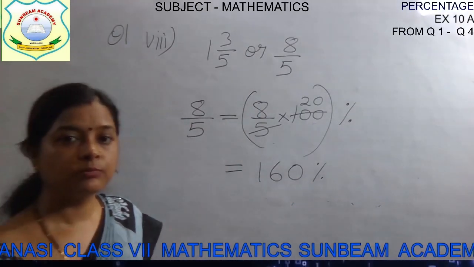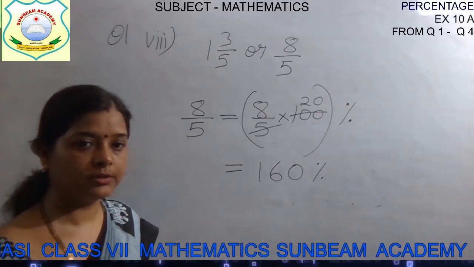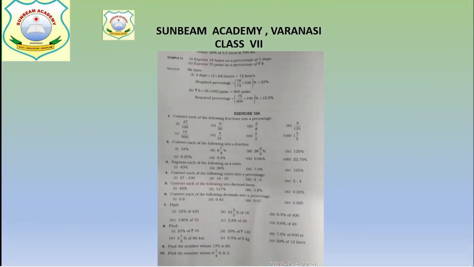Now let's move ahead with the second question. See the second question, children. Question number 2 is: convert each of the following into fraction. Now we have percentages already, and we have to convert them into fractions.